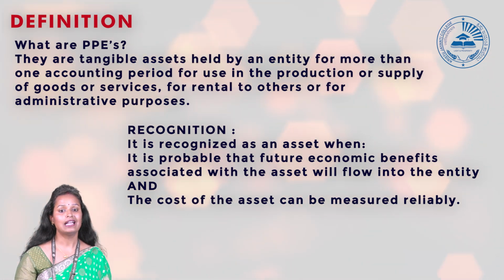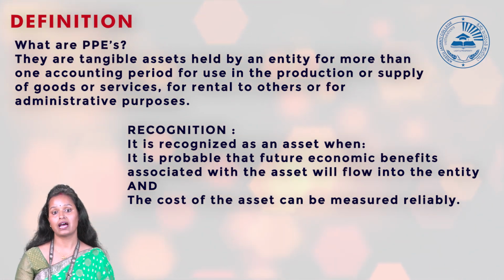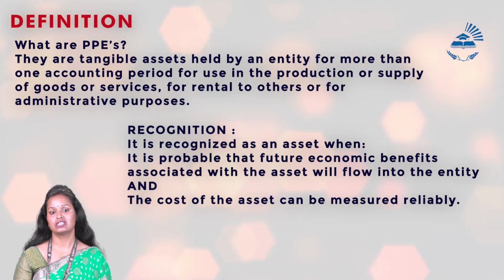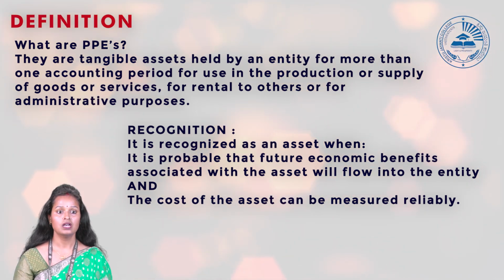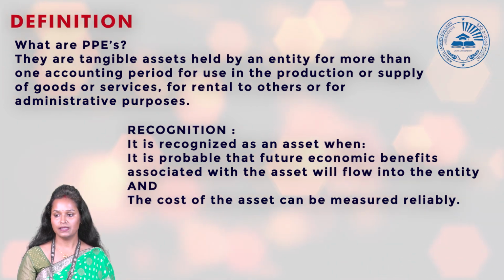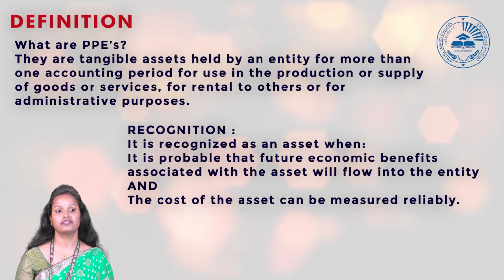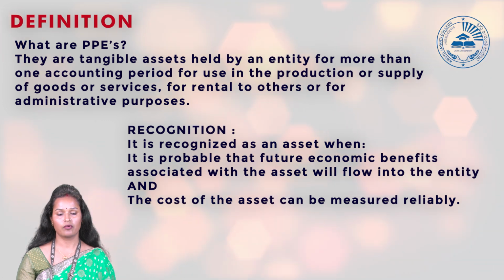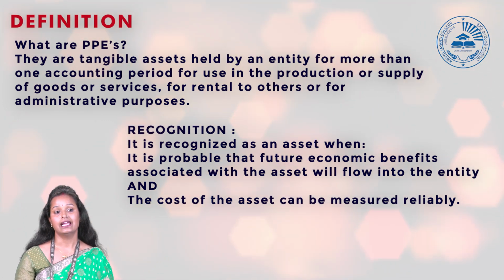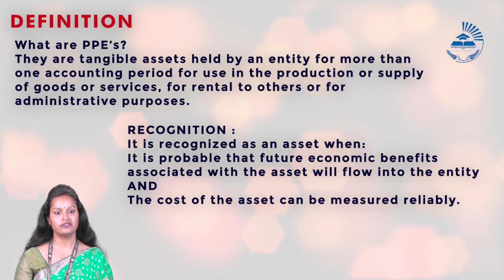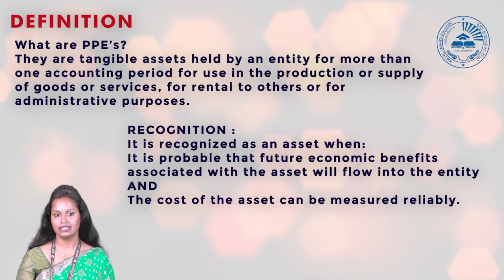So for that purpose, we should first know the definition of property, plant and equipment. If we see the definition, they are tangible assets. The very first thing, if it is property, plant and equipment according to IAS 16, it must be a tangible asset which we can see, which we can touch.